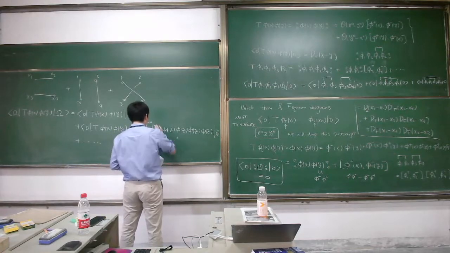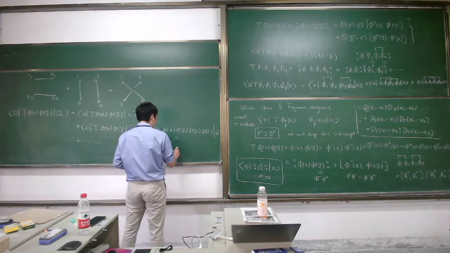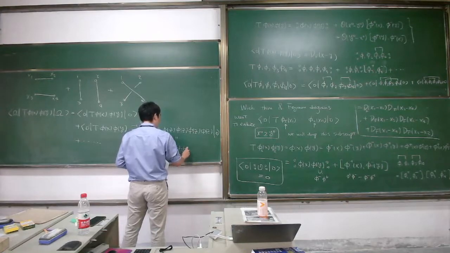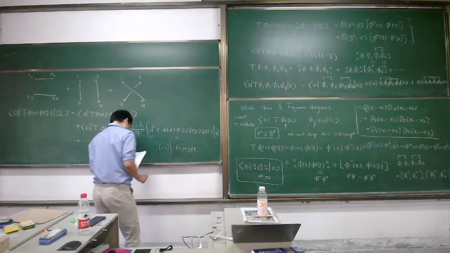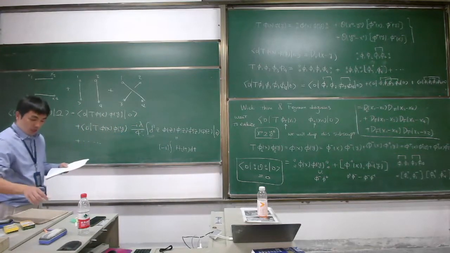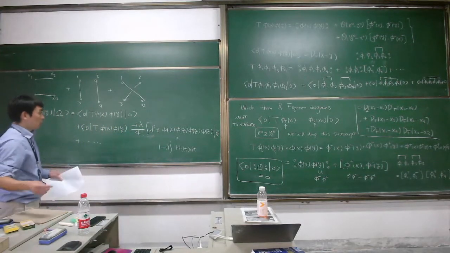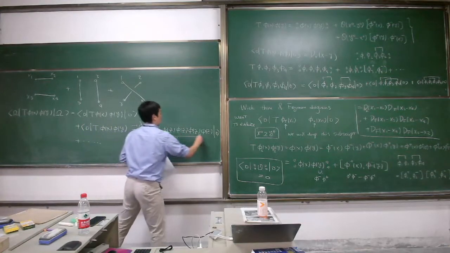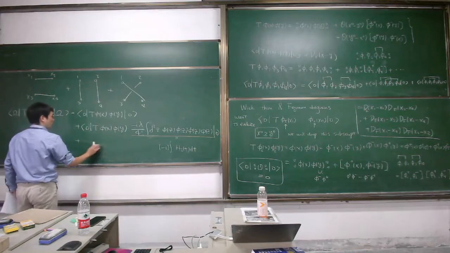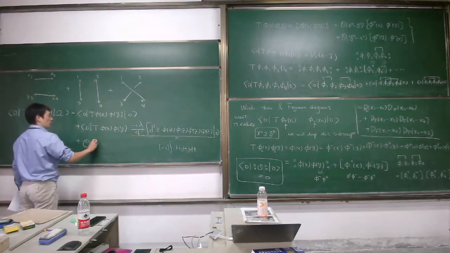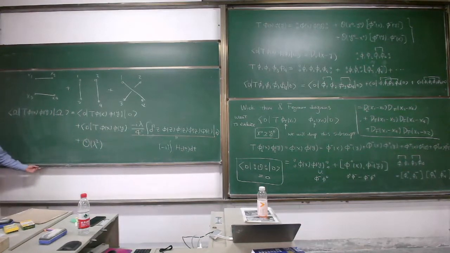Anyway, here is just H_I(t) dt times minus i. So that's what we have. This part is the first order, and of course there is the lambda squared term in perturbation theory, so we just ignore it first.